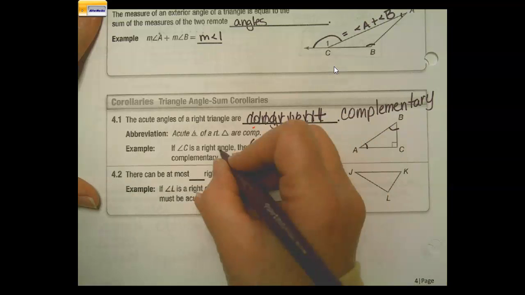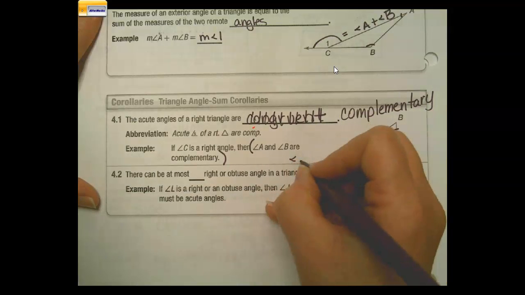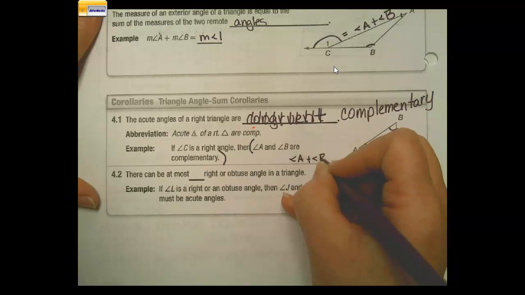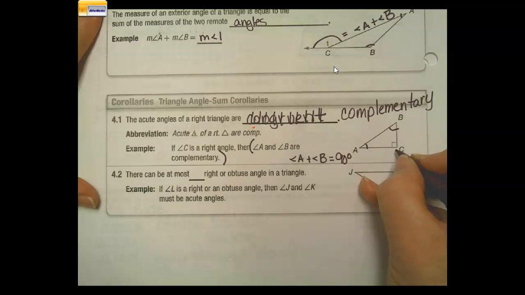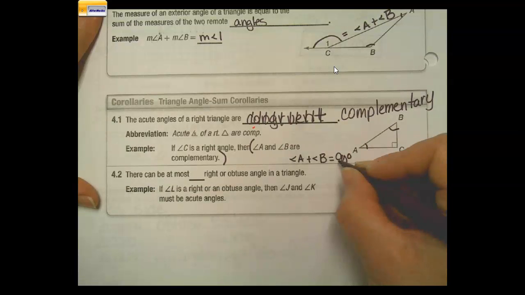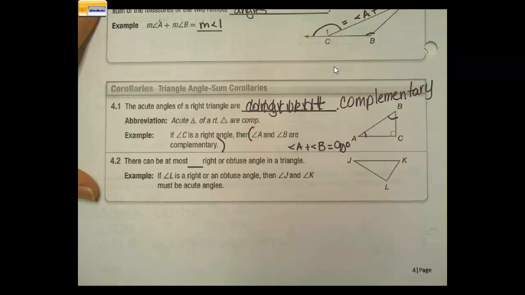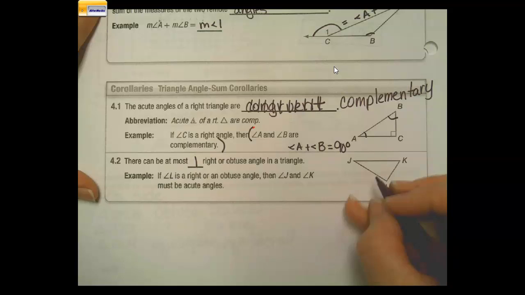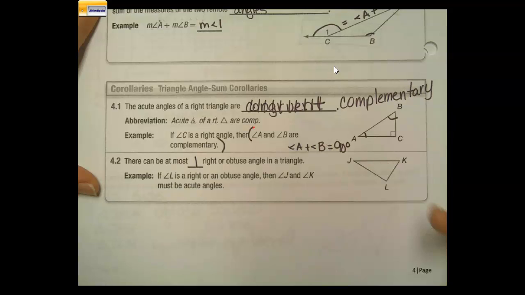Here it is. So A plus B equals 90 degrees. Because this is 90, so 90 plus that 90 between the two equals the 180. There can be at most one right or one obtuse angle in a triangle. If L is a right or an obtuse angle, then J and K must be acute angles. Okay, makes sense? This is right. Both of these would have to be acute.